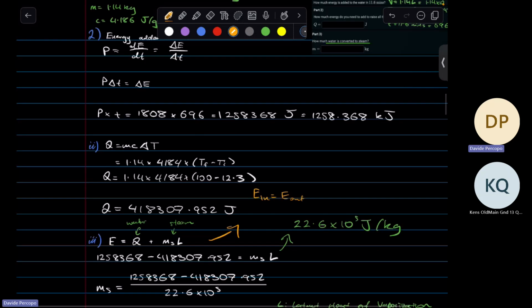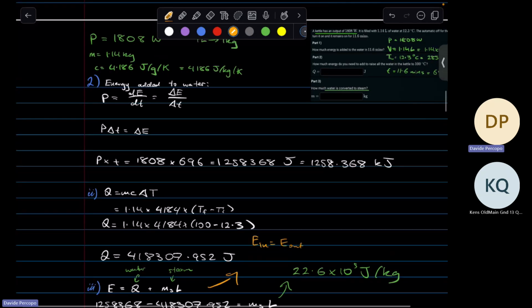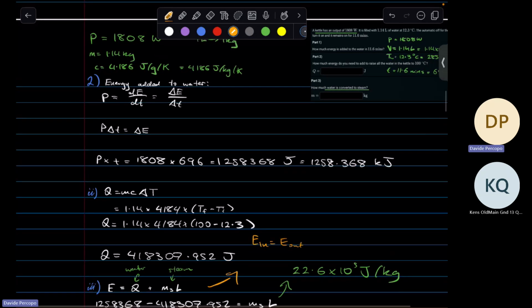So we basically found how much energy is going into the kettle, which has a certain power and is left on for 11 minutes and 6 seconds, so a certain amount of energy goes into that.